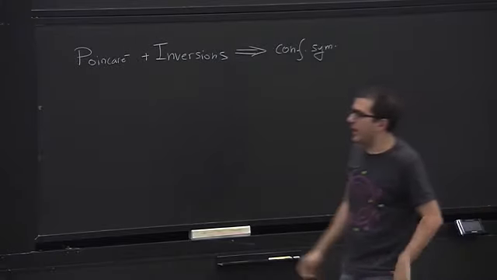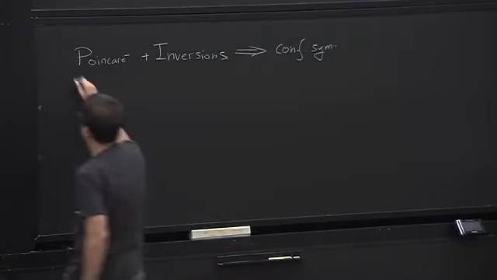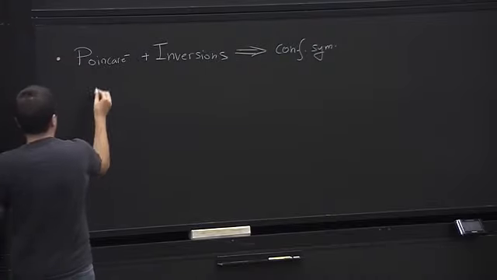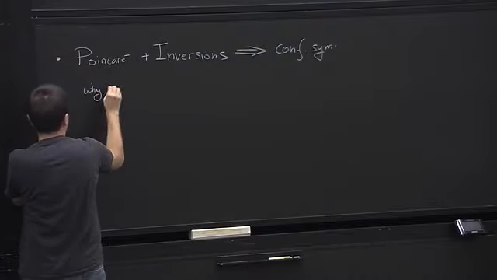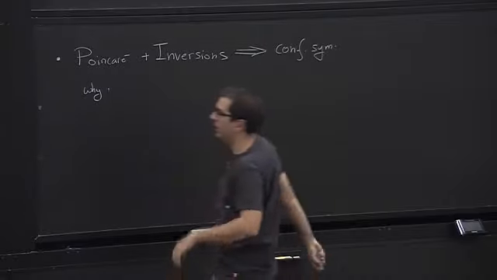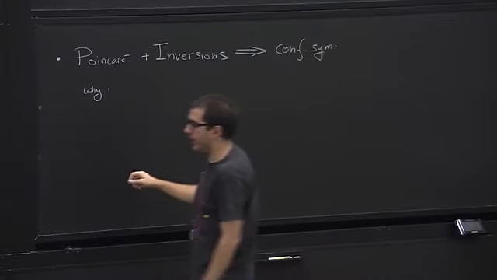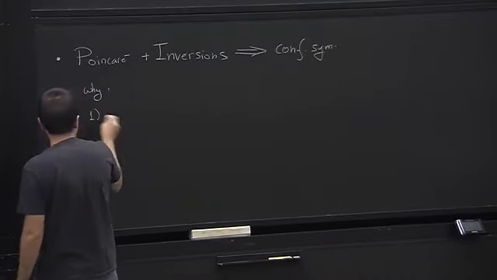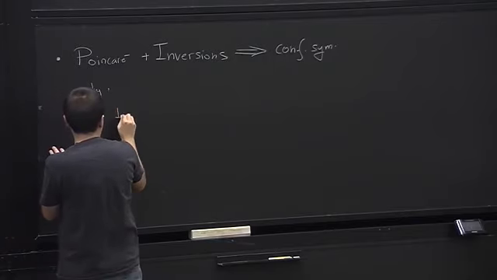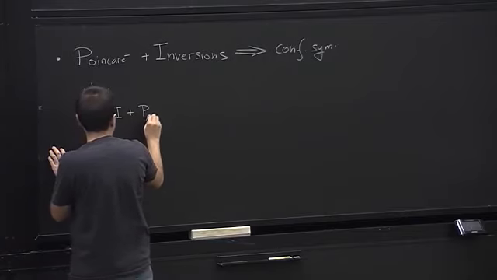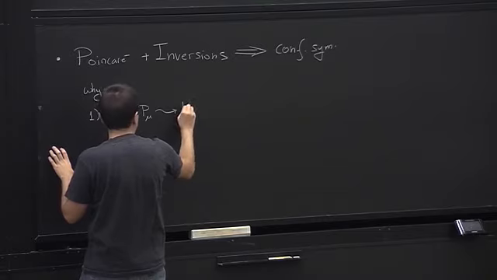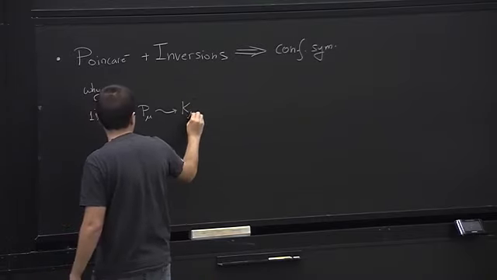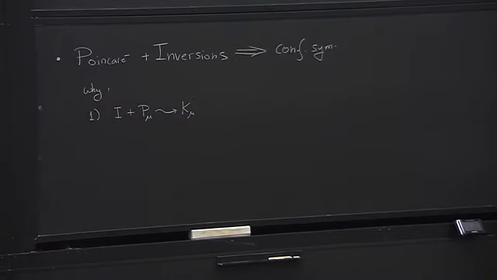Okay, so let's see why this is true. The first observation we make is that if we have inversion plus translations, of course, we get K. Because by definition, if you know how to make an inversion and P, inversion gives K. Is it clear?